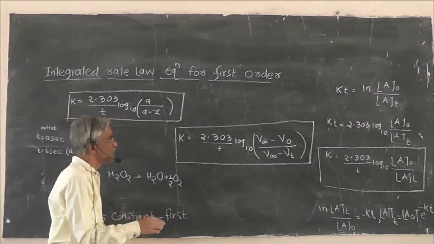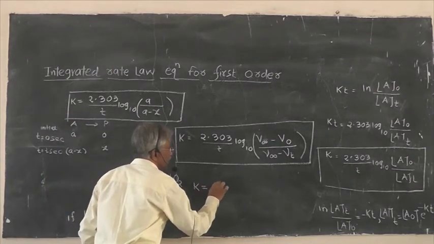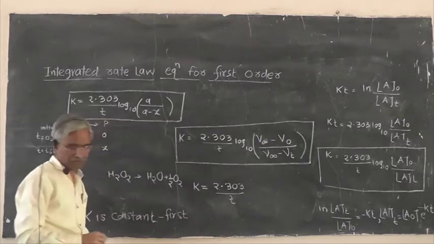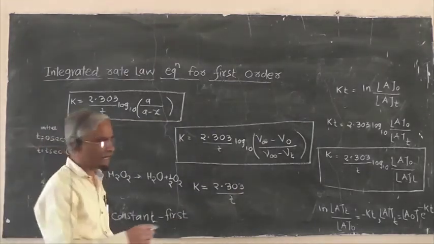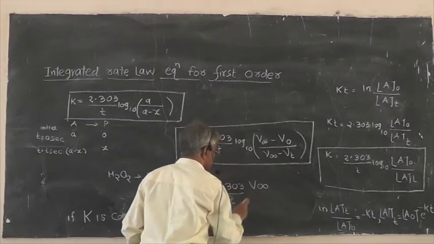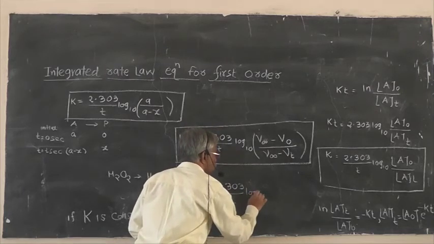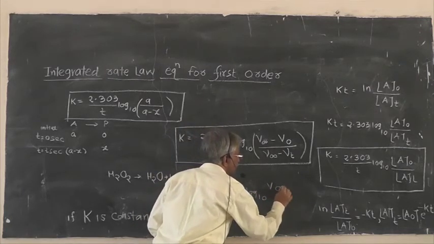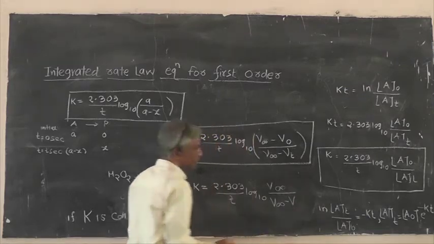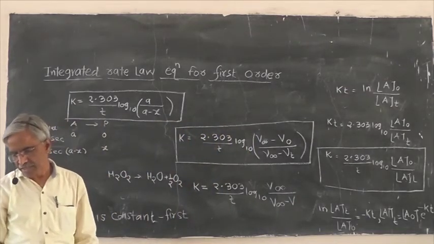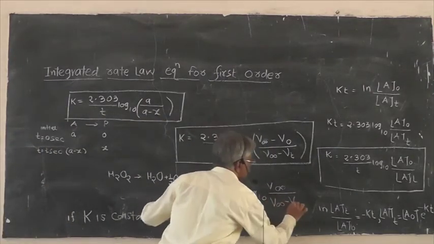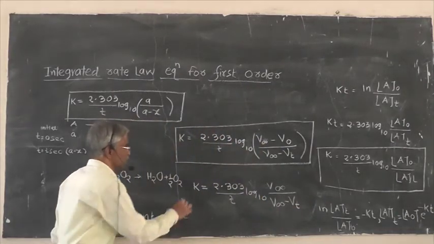In such cases, one more equation can be used: k equal to 2.303 upon t log to the base 10 of V infinity divided by V infinity minus Vt, where V infinity is the volume of oxygen obtained at the completion of the reaction, and Vt is the volume of oxygen obtained at the time t when you are studying.